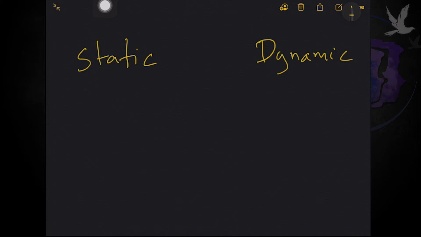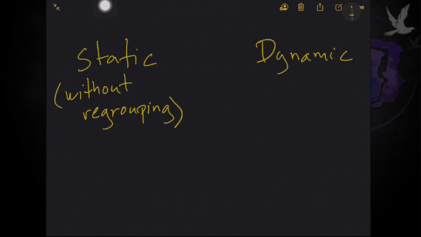For static, this is the one that refers to addition or subtraction without regrouping. Okay, without regrouping. In other words, what we are used to here is the carryover. Okay, there's no carryover.